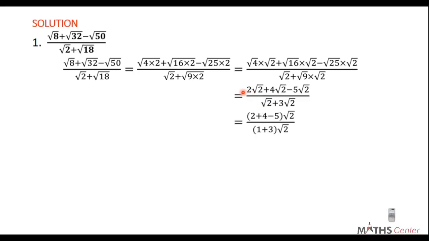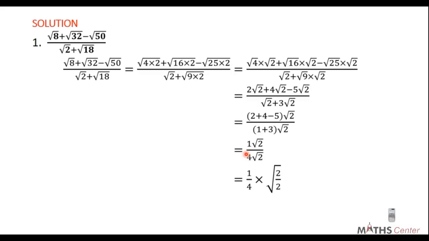So if you are adding, we are going to get 2 plus 4 minus 5, then root 2. All over, 1 is in front of this sign, so we have 1 plus 3, then root 2. Now 2 plus 4 will give us 6, minus 5 will give us 1, so we have 1 root 2, then 1 plus 3 will give us 4, then square root of 2.